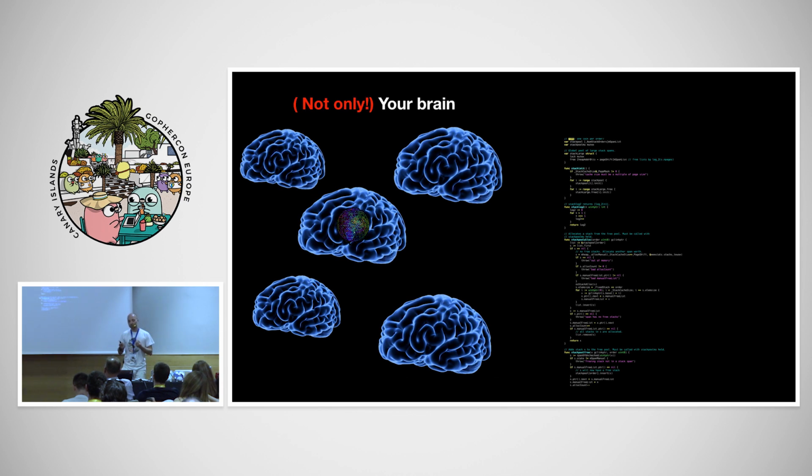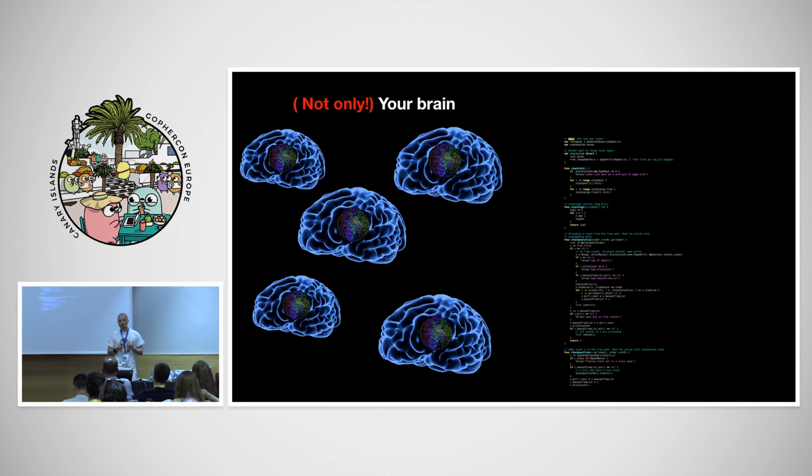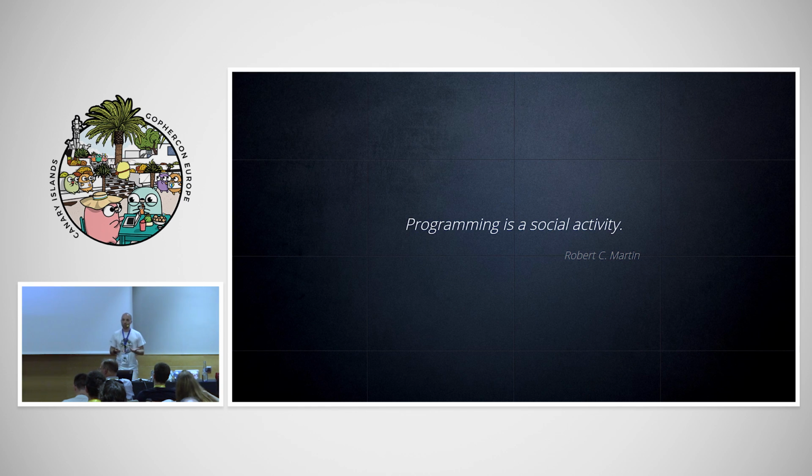You have to make sure that they will build, as close as possible, the same mental models in their head as well. And that's much, much harder than you might think, because you can't rely on your knowledge and your mental models anymore. You have to validate your code through the mental models of other people. So it's an incredibly complicated thing. That's where the social aspect of programming comes in, right?